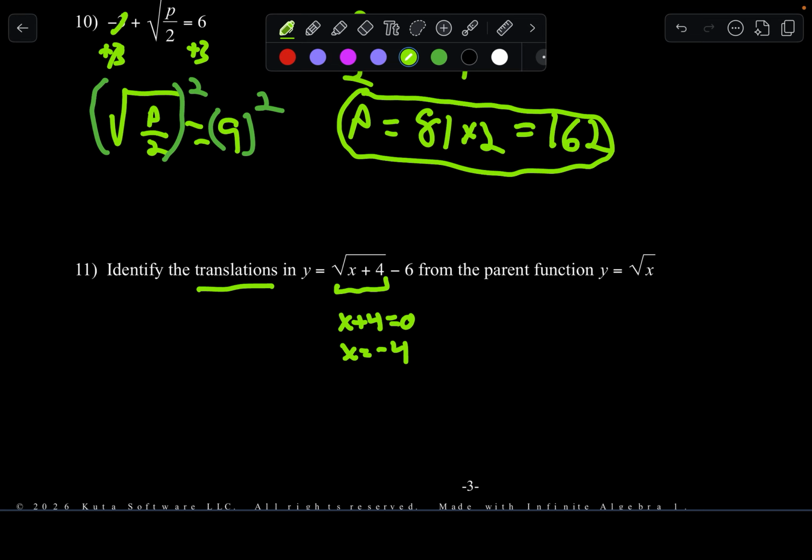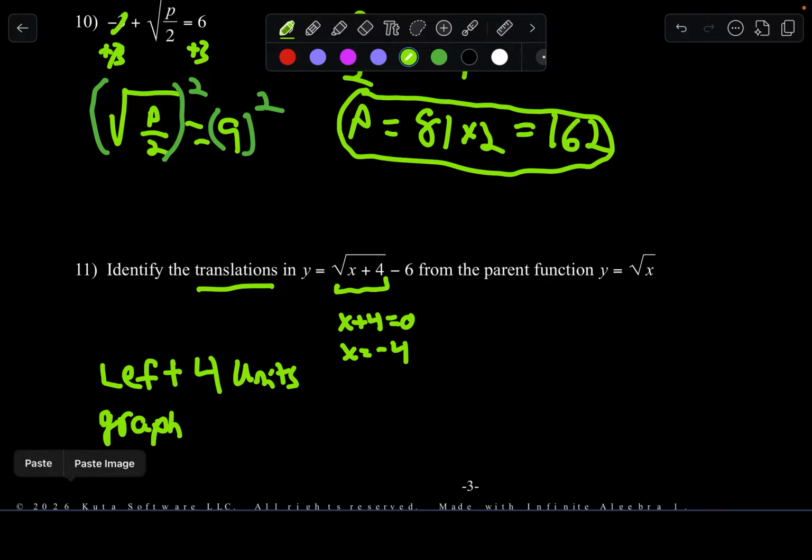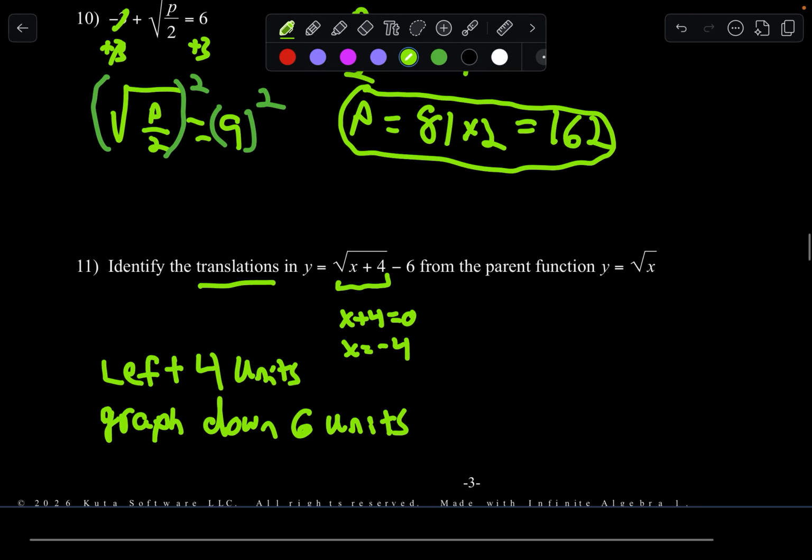So we shifted the graph left, because it's negative, 4 units. Not only that, we moved the graph down 6 units.